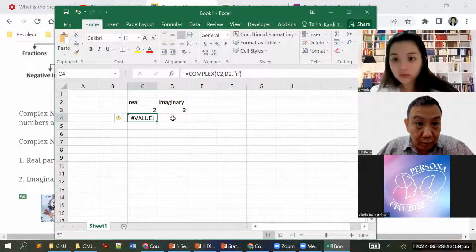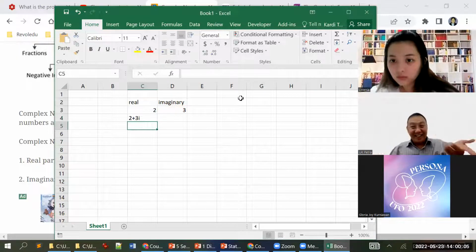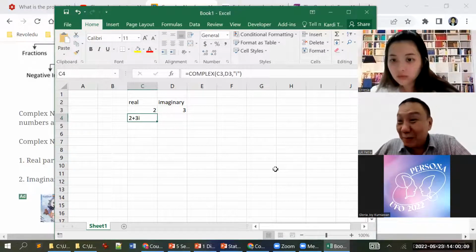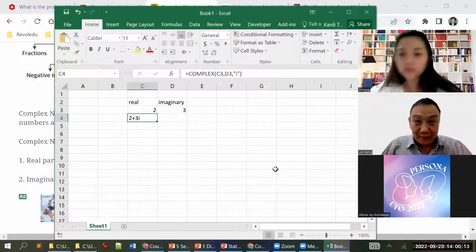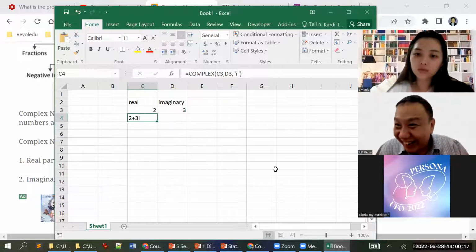Oh, really? Sorry, C3, that's why. Okay, then see? Excel can create a complex number. So you can handle complex numbers in Excel. No problem, right?